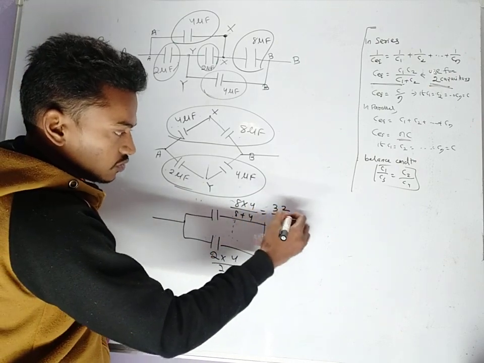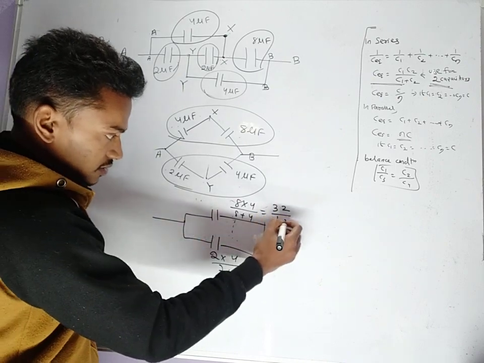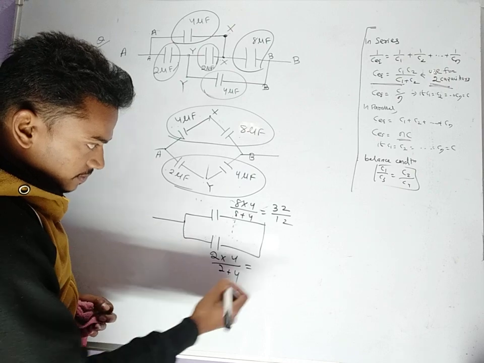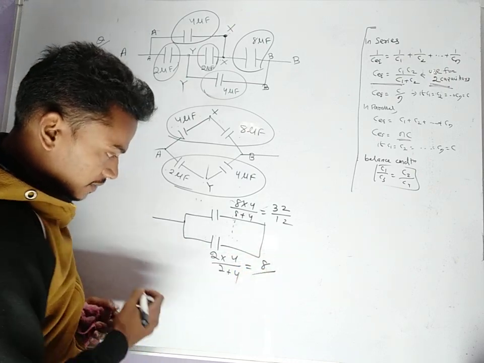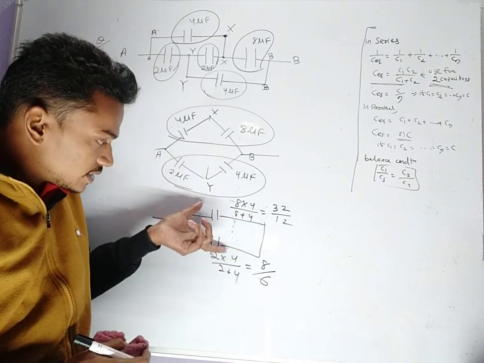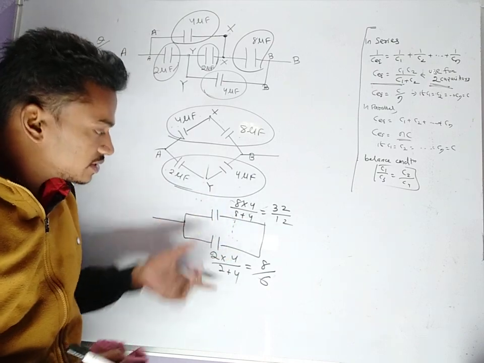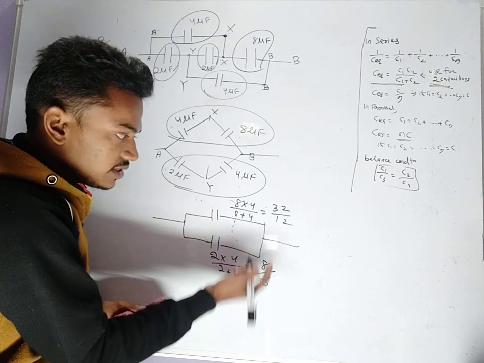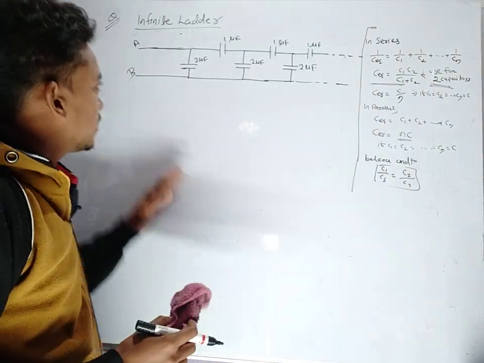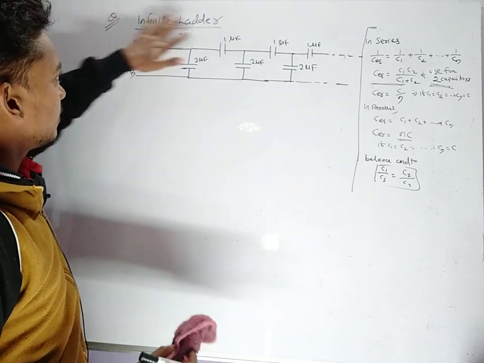So 32 by 12 and 8 by 6. Now these two are in parallel, so you can simply add these two results and we get the answer. Okay, now see a very interesting numerical, the infinite ladder problem.